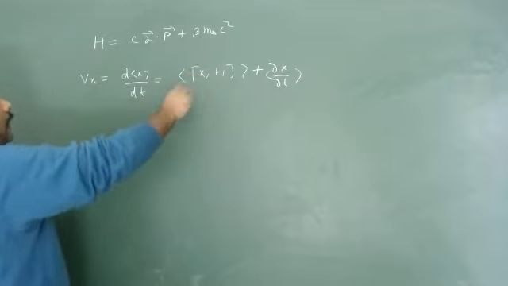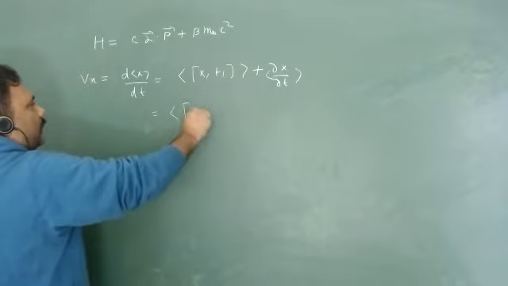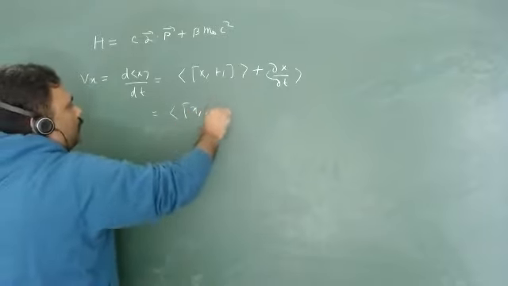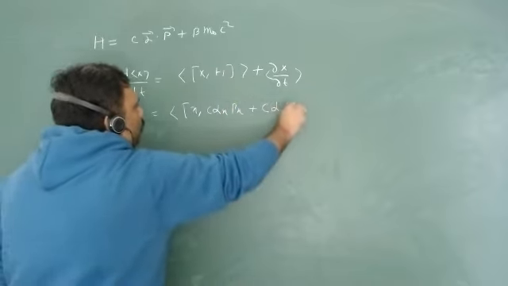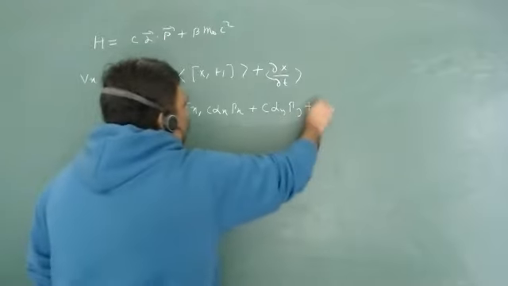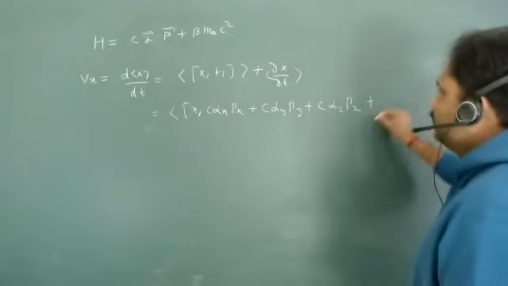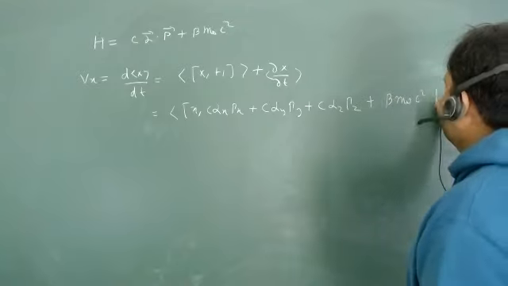What I can put is x, and what is my H? I can write H as c alpha x px plus c alpha y py plus c alpha z pz plus beta m naught c square, isn't it?